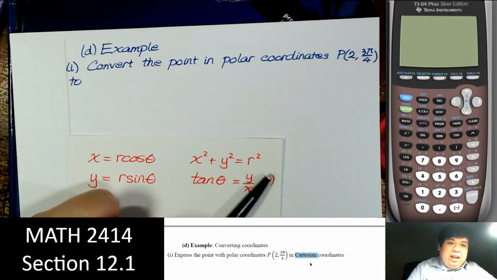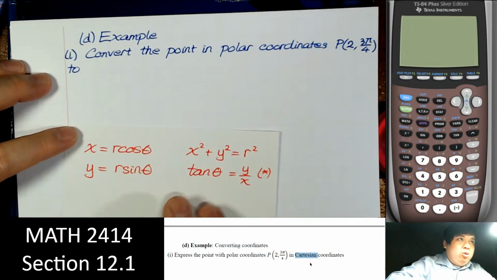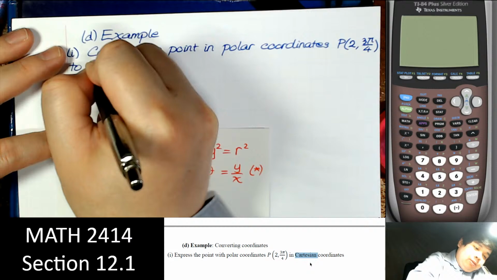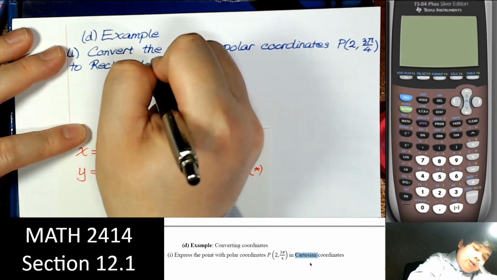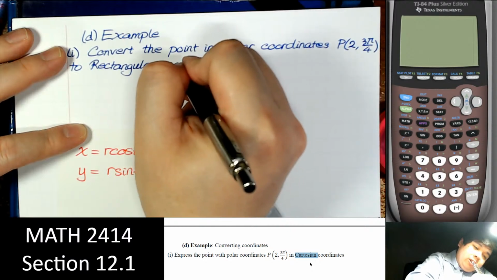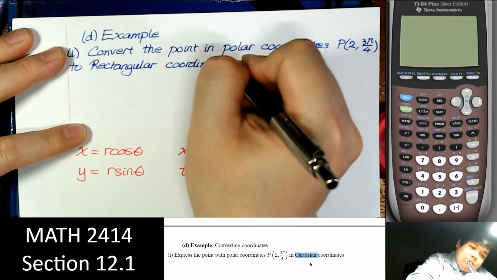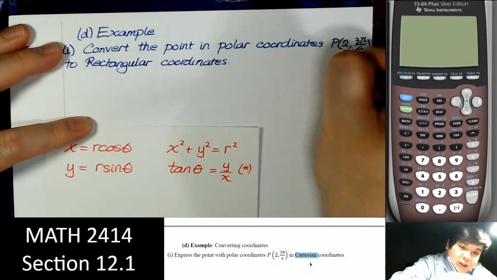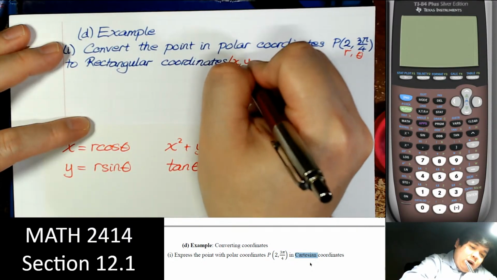Cartesian is from Descartes, and his coordinate system is what we also call rectangular, using x and y. So originally we are given r and theta. We try to convert to x and y.